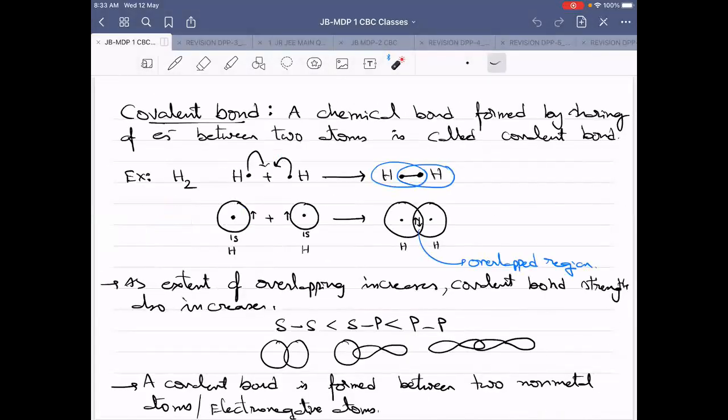So we are discussing a chemical bond. Within chemical bonding, a covalent bond we are discussing. So let us discuss today covalent bond in little more detail, plus ionic bond also.